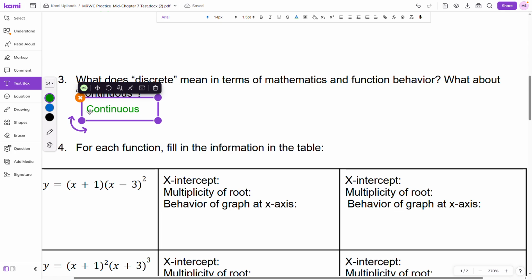I actually slightly disagree, because continuous does not imply infinity, it just implies no break. I guess I can't say it any simpler than that. It means no break in the graph. How about that?